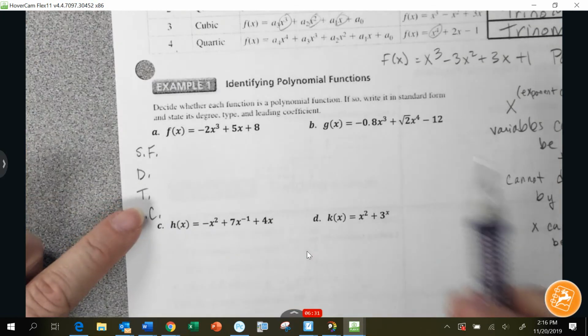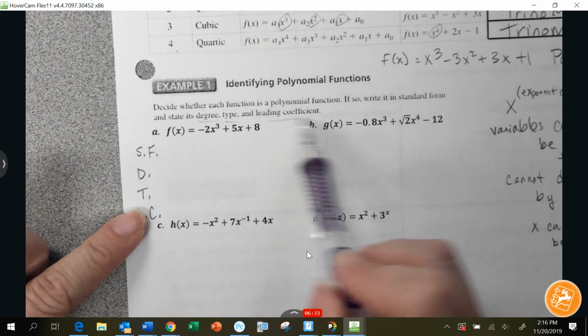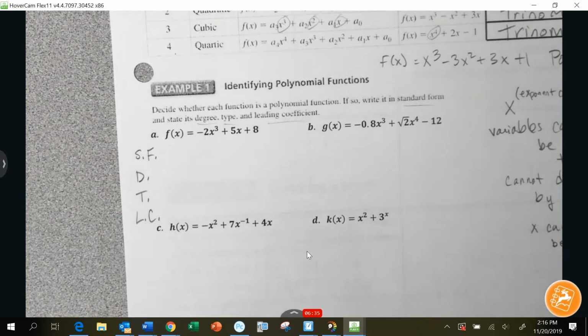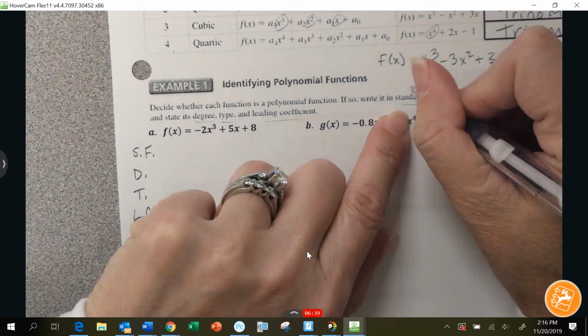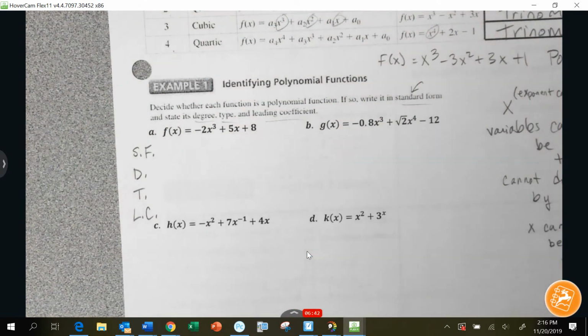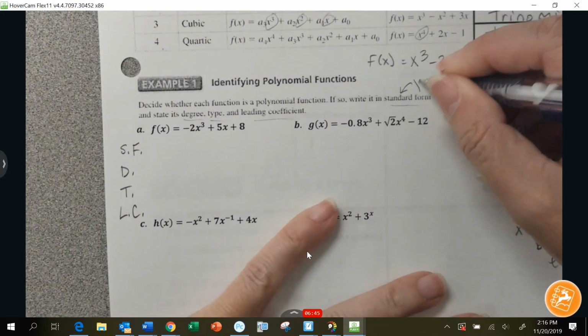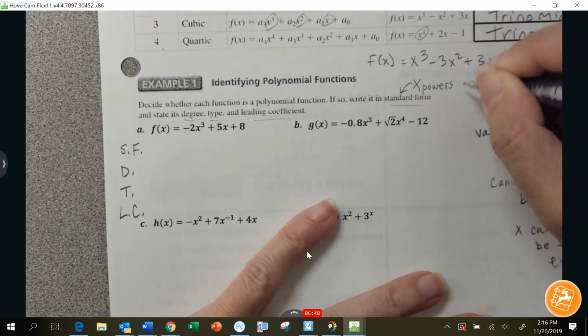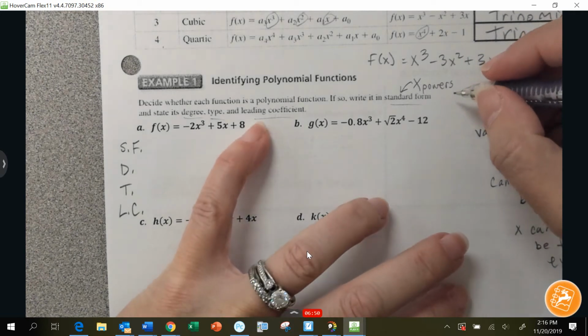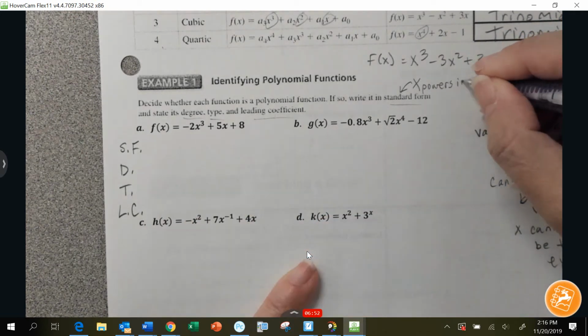Okay, that's just standing for the things that they asked me to do. All right. Standard form has to be the x powers in descending order.